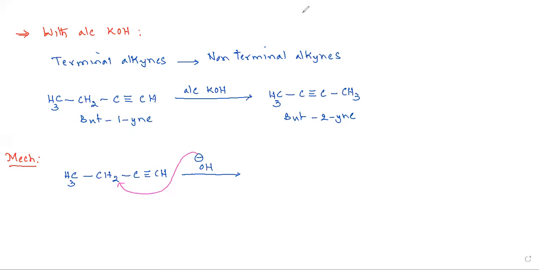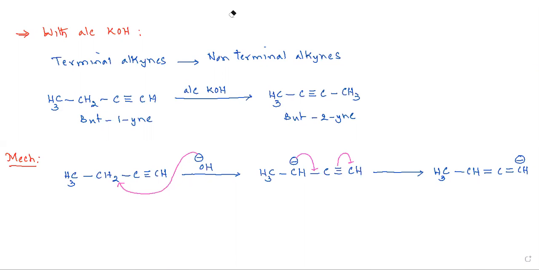Okay. Now, when that is abstracted, we get CH3, CH minus, C triple bond CH. Right? Again, go for this. A double bond is formed. Even this also becomes a double bond. CH3, CH, double bond C, then this will be CH minus.